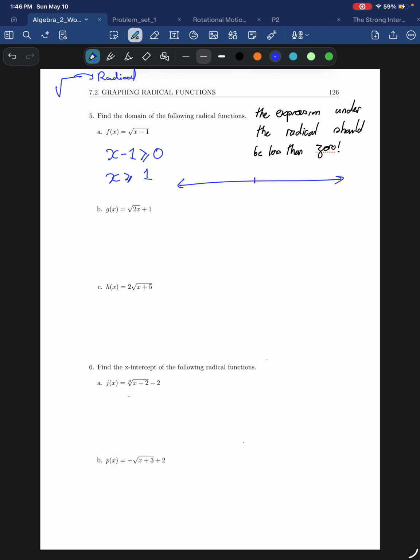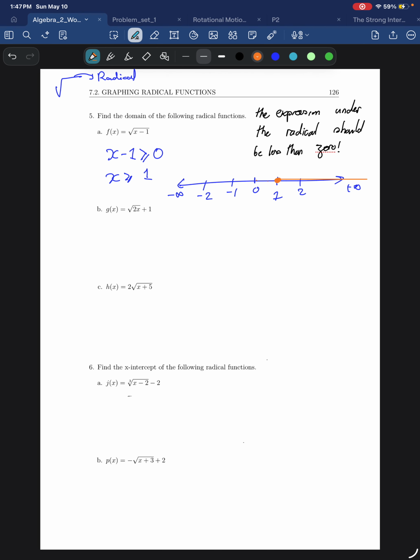On the number line I'm going to have 0, and then 1, 2, minus 1, minus 2, positive infinity, negative infinity. If you remember this from before, we're going to start from positive 1, include positive 1, and go any number above positive 1.